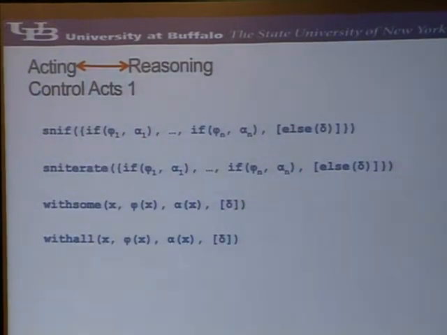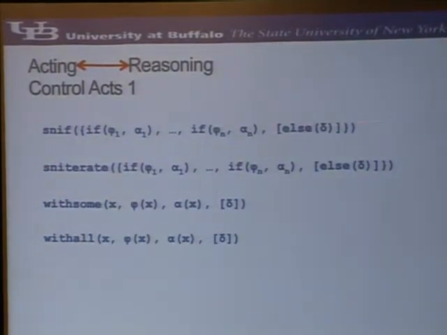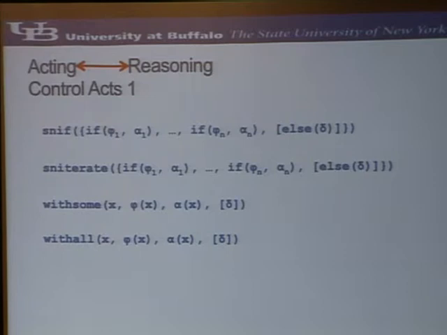Another set of constructs that connect acting with reasoning are some of the control acts. Some of these are based on Dijkstra's guarded statements. So snif is a selection. Non-deterministically, if any of the phi's are derivable by reasoning, then perform non-deterministically one of the corresponding alphas.